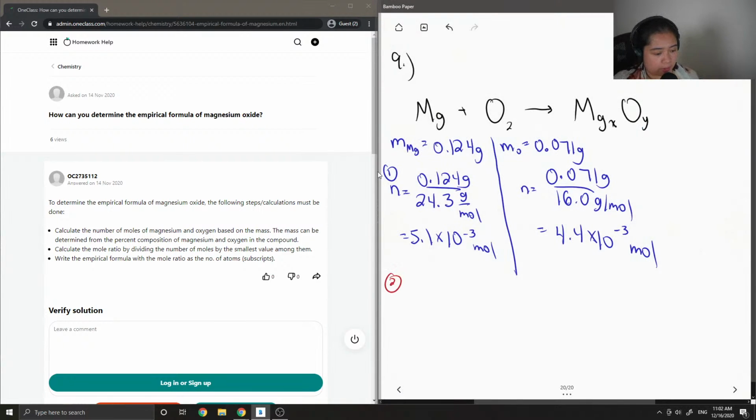Step 2 would be to divide by the lowest number of moles. So let's write out our empirical formula. So the lowest number would be the 4.4 times 10 to the negative 3. So I'm just going to show how you would divide it.